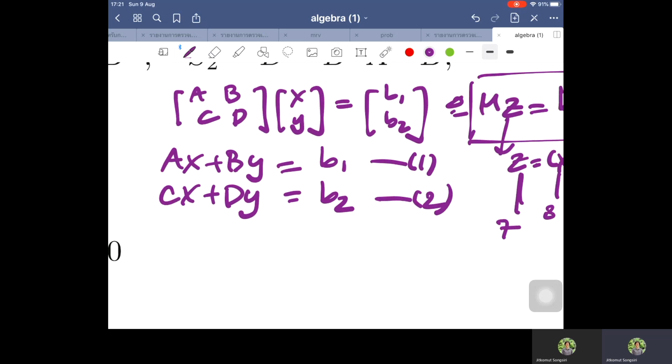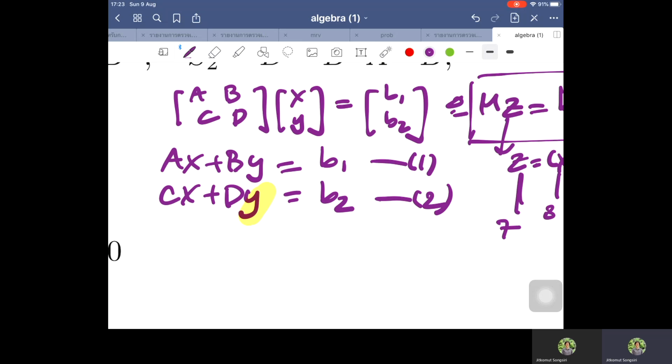The simplest concept in linear equations is to get rid of one variable first. This is called substitution. Remove one variable and make a substitution. Let's say I want to get rid of Y in equation 2.